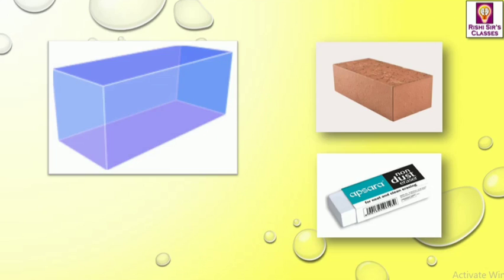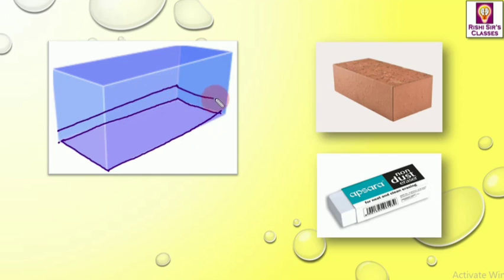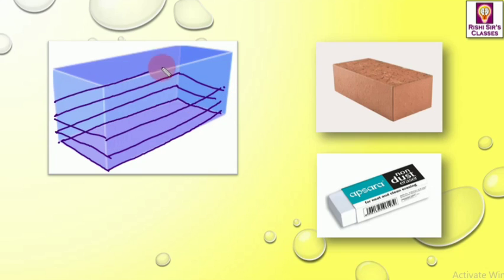Now moving on to the volume of cuboid. Regarding the volume of cuboid, we will assume that we have multiple pages or multiple figures like this. First figure, then second layer, then third layer, then fourth layer. In this manner we have multiple layers over layer. So what is the area of the bottommost layer?